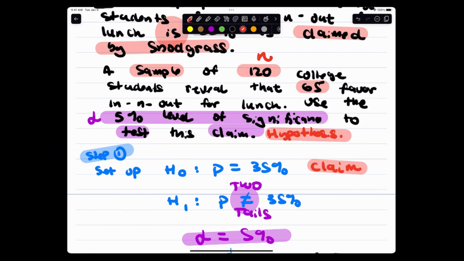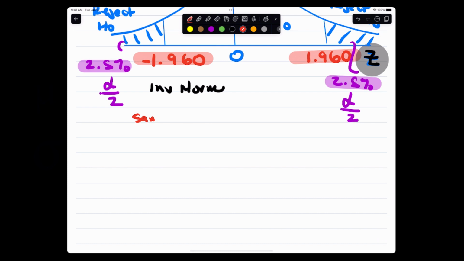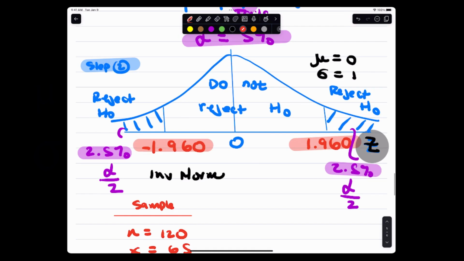What does 65 represent? The number of successes. So here in your sample, the sample size is 120. The number of successes is 65.